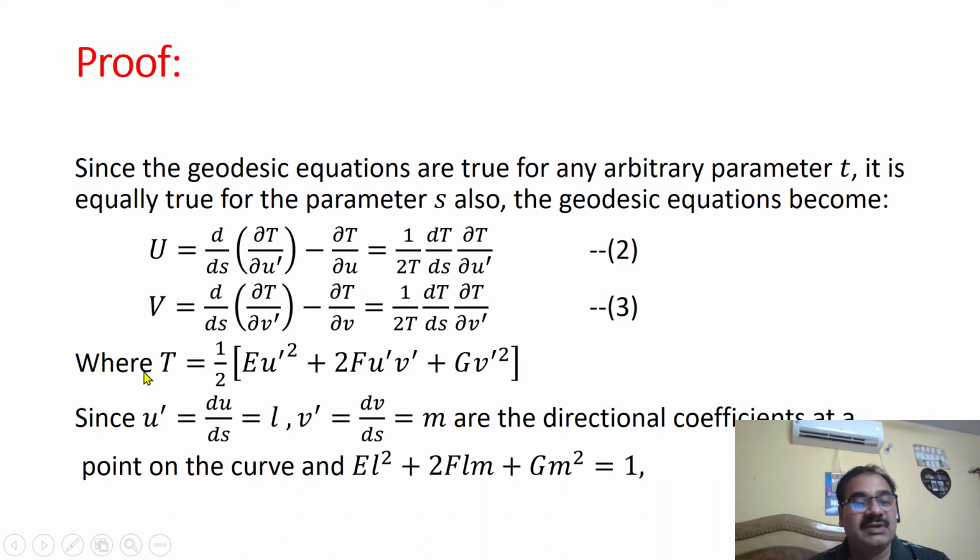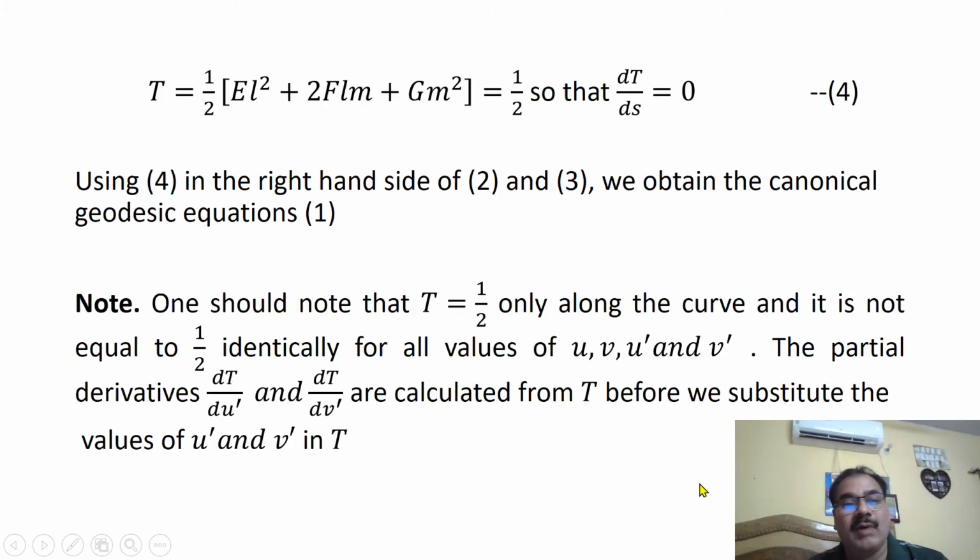This is equation number 3, where T is equal to half of E u dash square plus twice F u dash v dash plus G v dash square. Since u dash is equal to du by ds is equal to l and v dash is equal to dv by ds is equal to m, therefore u dash and v dash are the directional coefficients at a point on the curve, and E l square plus twice F l m plus G m square is 1.